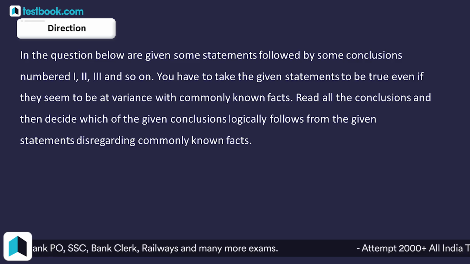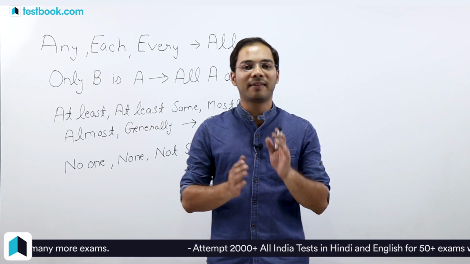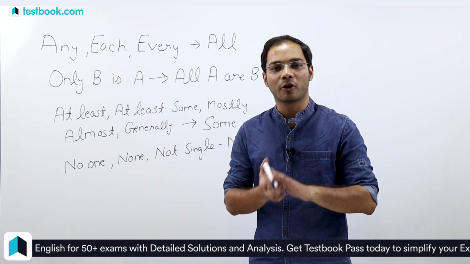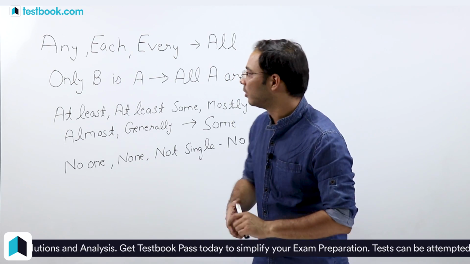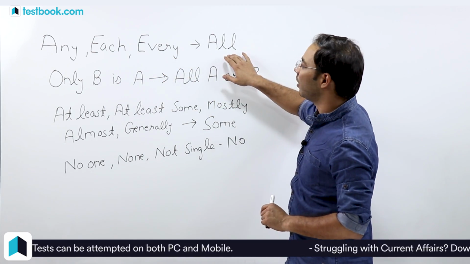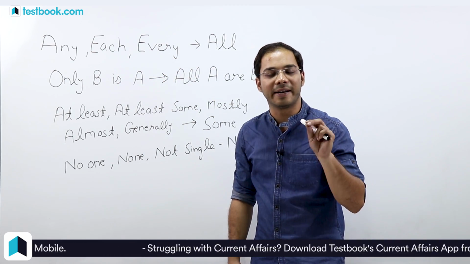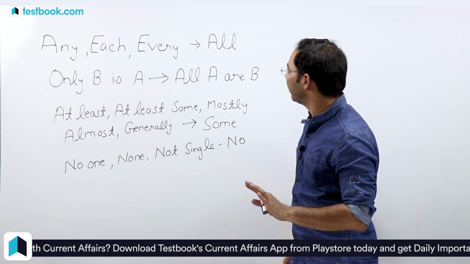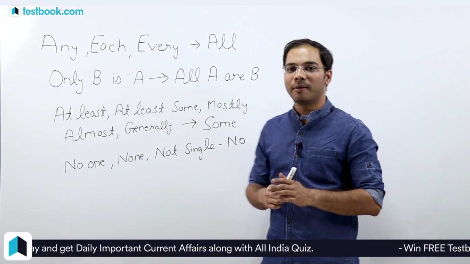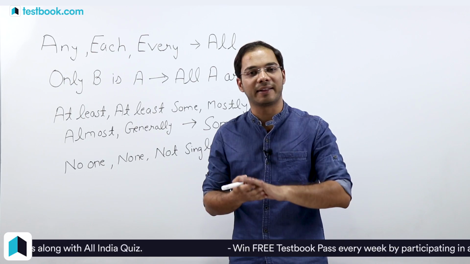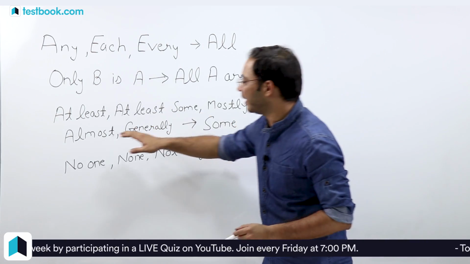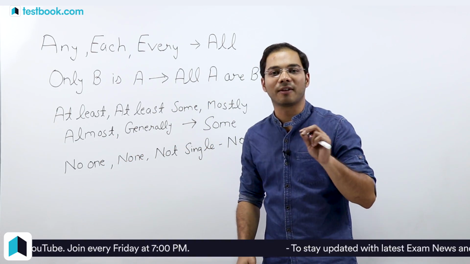Disregarding commonly known facts. Before moving to our first question, let's discuss what other words can be used in our questions in place of the common words all, some, some not and no. If you get any, each, every, we will take them as all. It means if there is any A is B, then it is known as all A are B. Now if there is only B is A, it will be known as all A are B. At least, some, mostly, almost, generally can be used in place of some.